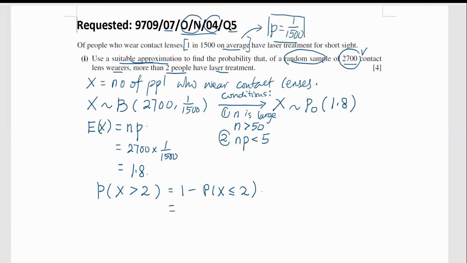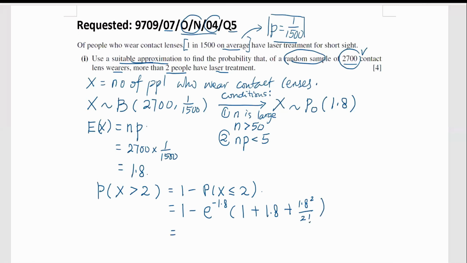So you use the formula e to the power of negative the mean, 1.8, and then for x equals 0 you get 1, or x equals 1 you get 1.8, or x equals 2 you have 1.8 squared divided by 2 factorial.